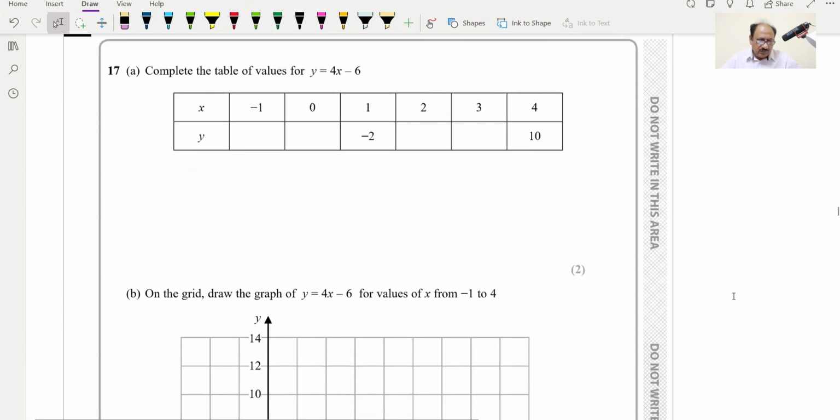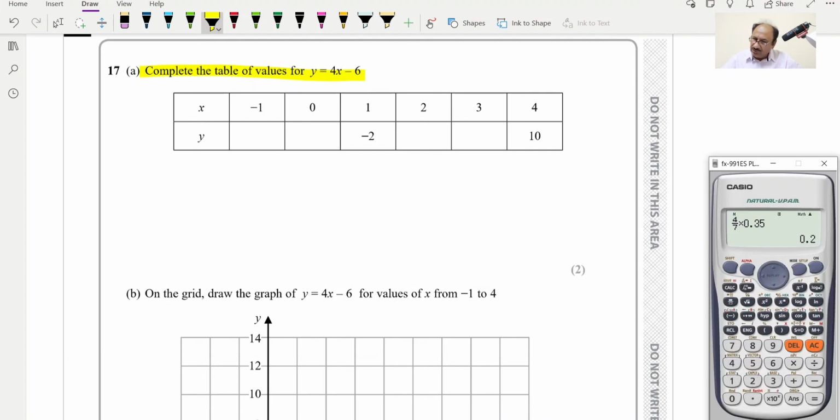Now question number 17a, complete the table of values for this equation. And what we can do, we can type this equation directly on the calculator. So this one will be x, so 4x minus 6, and now we'll be calculating for minus 1.